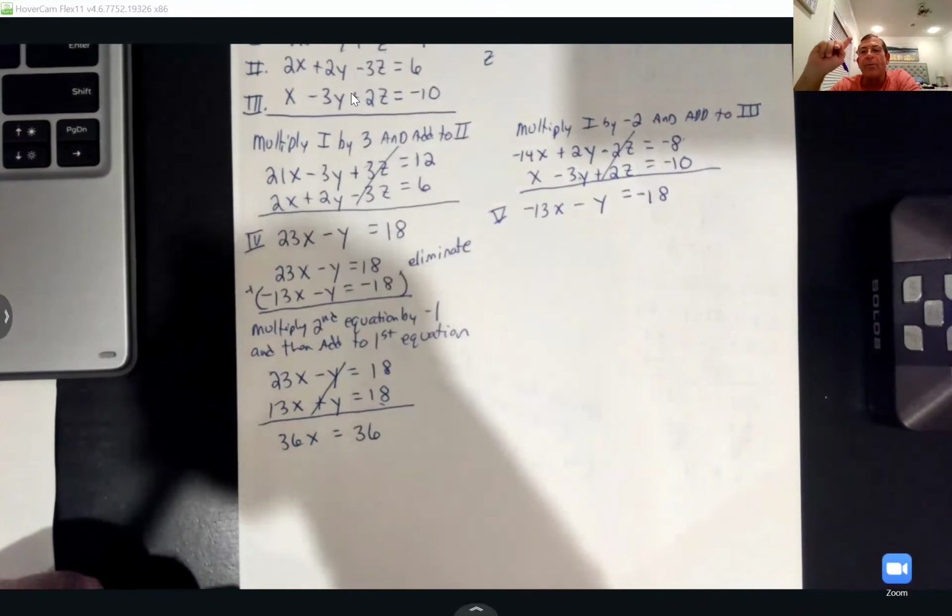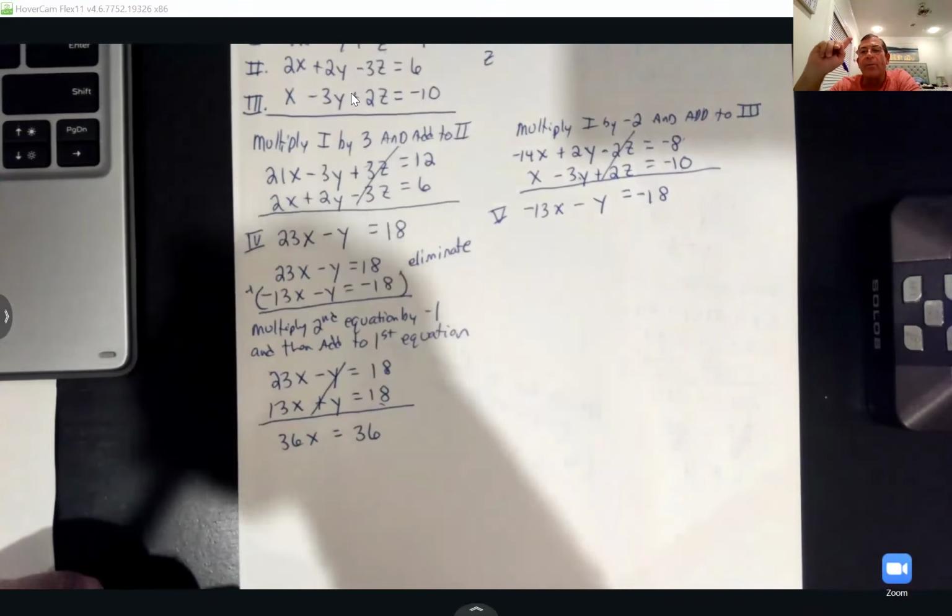So I'm going to use the first equation, 23 times x, which is 1, minus y has to equal 18. Okay, so that's going to be 23 minus y equals 18.